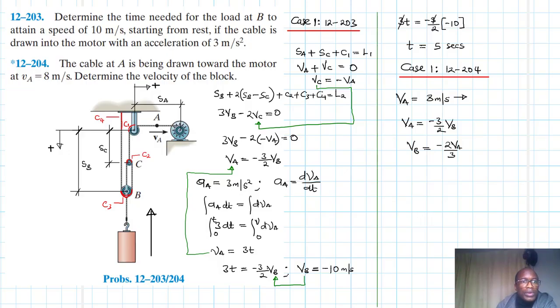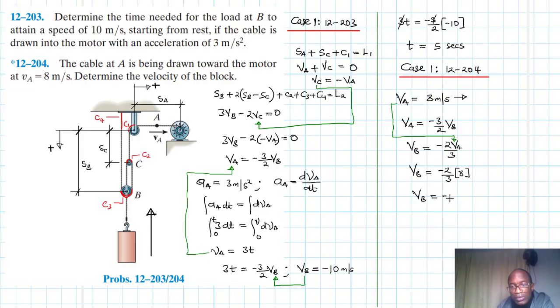We can plug in this value, and we'll have V_B equal to minus 2 over 3 times 8, which is minus 2 over 3 of 8.